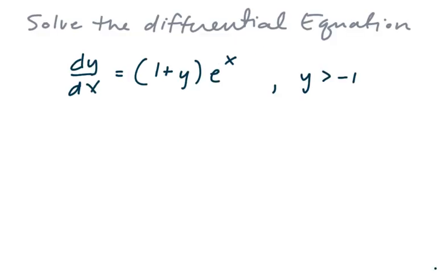So for our first example in this section, we're going to solve a differential equation. In this case, we have dy/dx is equal to the product of two functions, the first being 1 plus y, and the second one being e to the x. And then we have a restriction that we create and say that y is greater than -1.